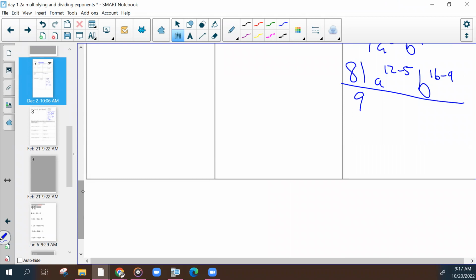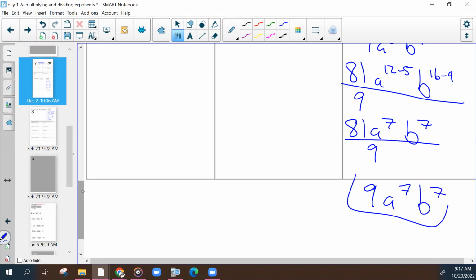So we have 81, a to the 7th, b to the 7th, all over 9. And then can we divide 81 and 9? Yes, to get 9. That means we started off as a fraction, but we're not going to end up as a fraction, and that happens sometimes. So 9, a to the 7th, b to the 7th.